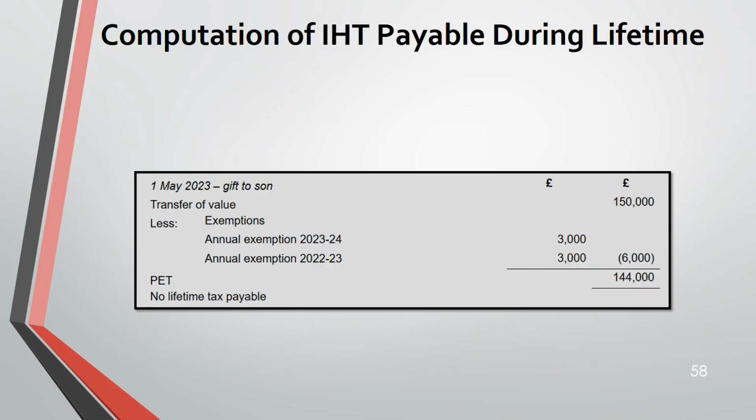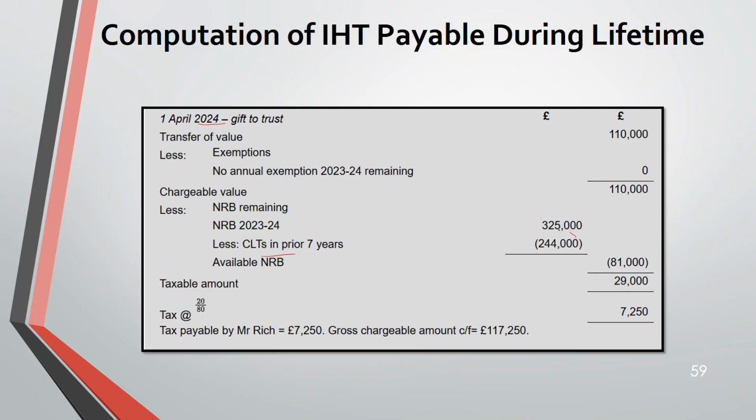And this gift to son you can ignore, it's a PET, only CLT. So that's why 244, the gross chargeable amount of the second gift you are deducting from the nil rate band. So this is your nil rate band available now. Deduct and get the tax. This 7250 you will add with 110, and this will be your gross chargeable amount carried forward.